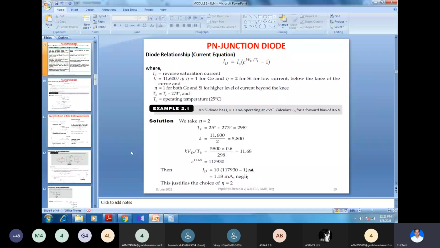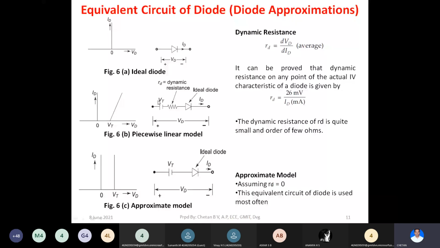So this is a linear piecewise model. It has a battery which is equal to Vt, which is 0.7 in this case, and a resistance which is equal to Rd, and an ideal diode which is short circuit in forward bias condition.